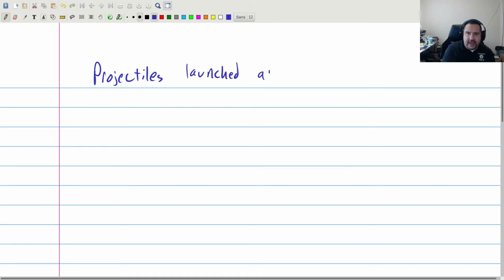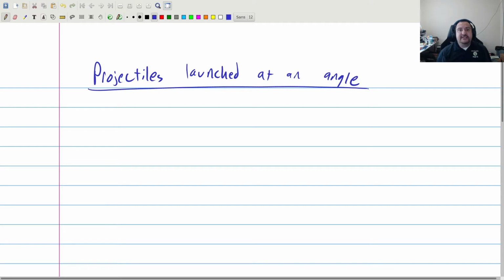Well, aloha everyone. Today, we're going to talk about projectiles launched at an angle. Now, it turns out it's pretty easy to figure out if you already know how to deal with projectiles launched horizontally.